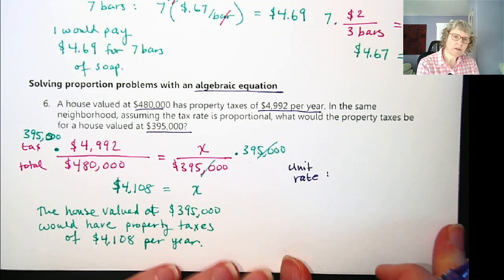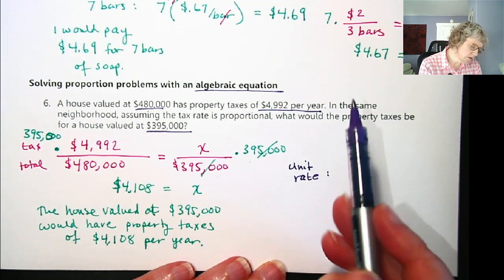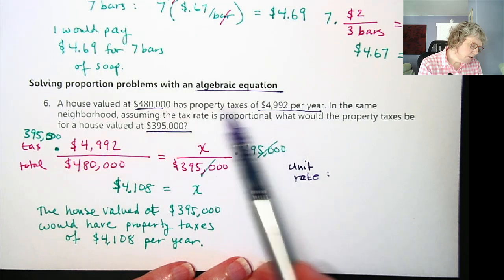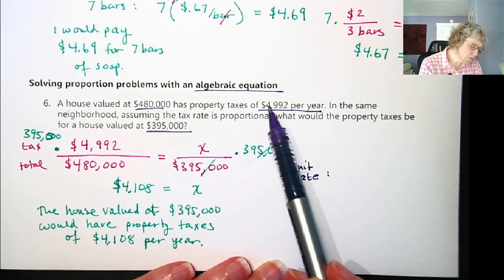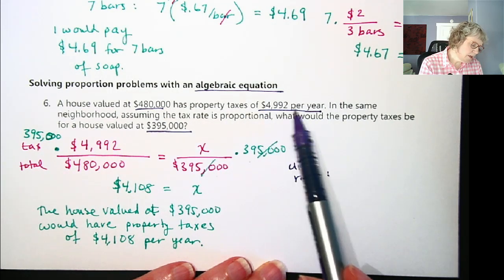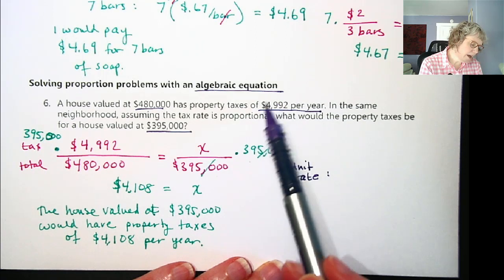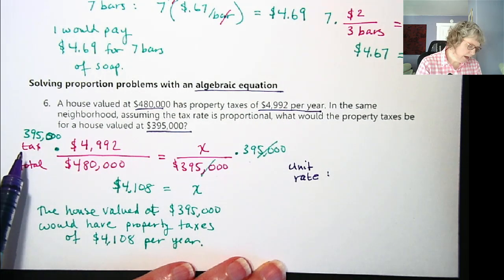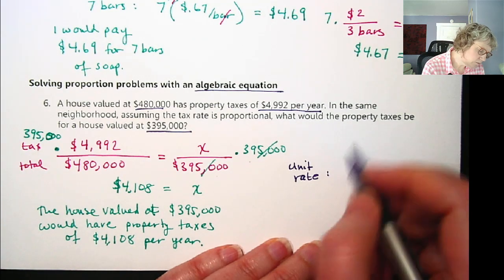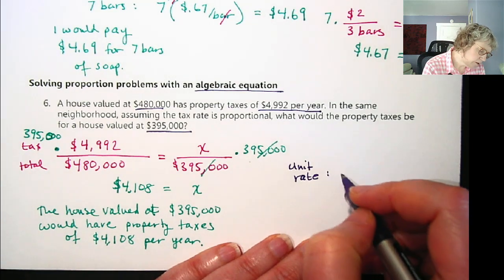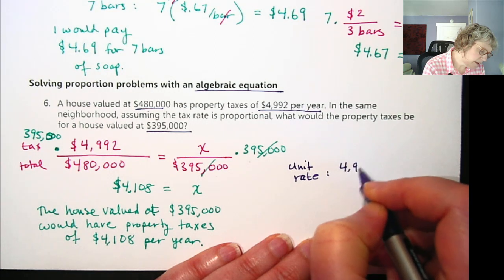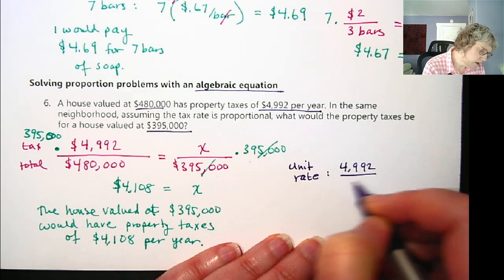Okay, unit rate. Whenever I do unit rate, I want to think about my units. Actually this one's more like a ratio. I'm going to put the tax over the total, the smaller over the larger. So the taxes, 4,992, over 480,000.